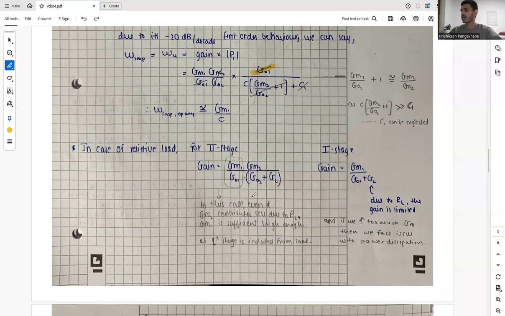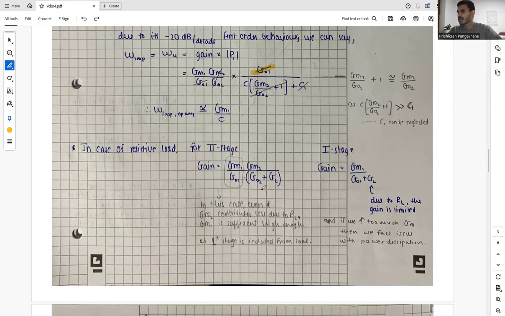But when we come to our two-stage op-amp, even if this whole term is limited due to GL, we also have GM1 by GO1.